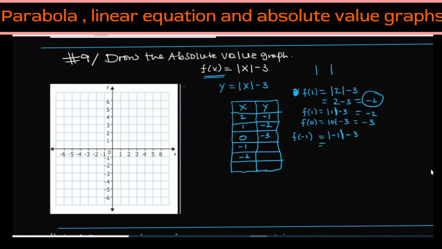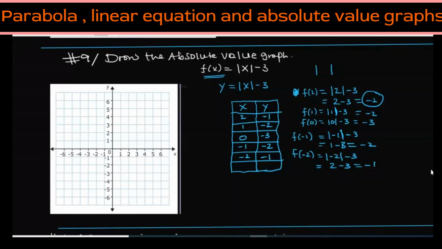Remember what I told you earlier: when we take it out from the absolute value, it becomes positive. So 1 minus 3, which is minus 2. What about negative 2? f of negative 2 is absolute value of negative 2 minus 3. Negative 2 becomes 2, and 2 minus 3 is negative 1. I think these are enough.